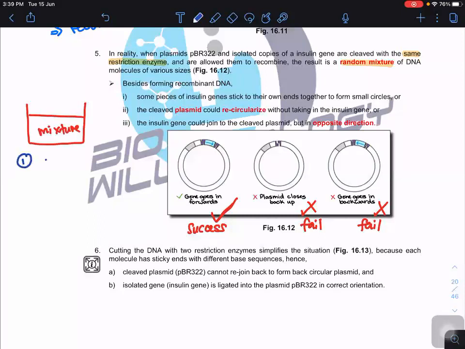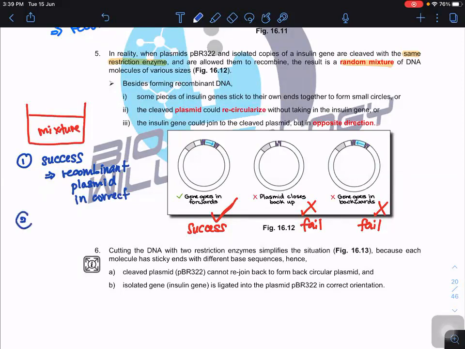The first possible outcome is a success. This success we call a recombinant plasmid. This recombinant plasmid must be in the correct orientation.